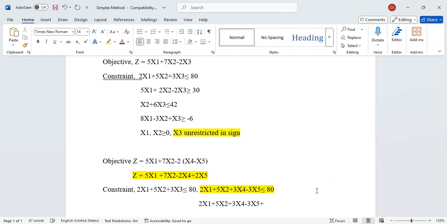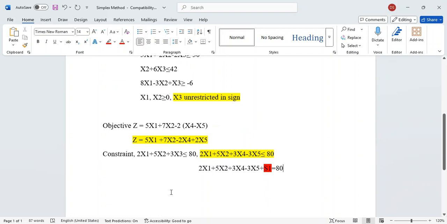So you add x1 equal to 80. If it is a raw material, then x1 is called the unused raw material. I will discuss the meaning of x1 afterwards.